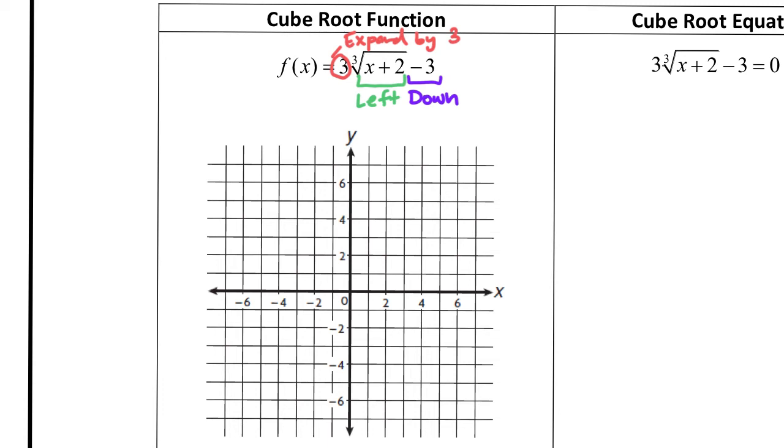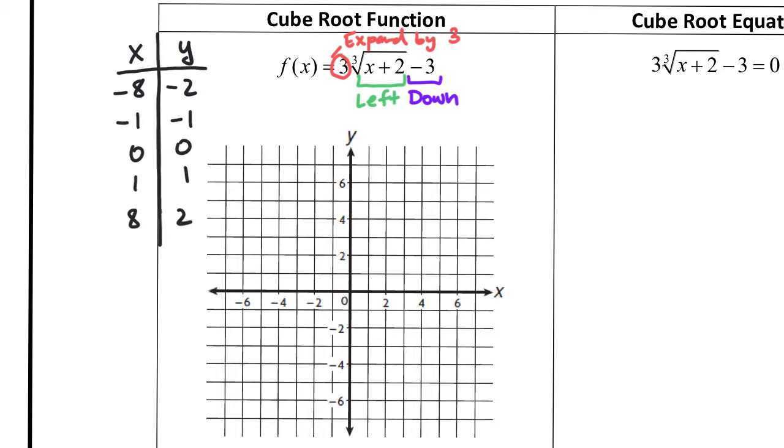So again, the expansion part is, well, we need the table here. So let's say I have a table for the cube root. If you remember the cube root table, that's -8, -2, -1, -1, 0, 0, 1, 1, and 8, 2. And so what the expansion is doing, right? Because if I have the parent function points, let me use a different color here. Let's use gray.